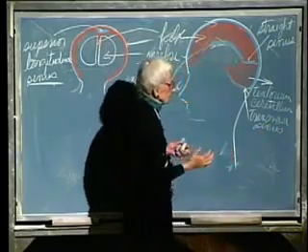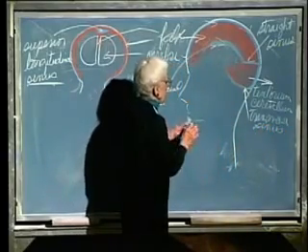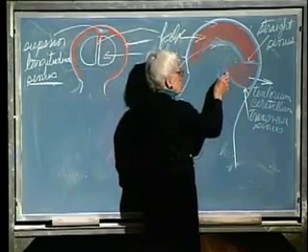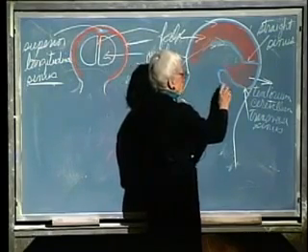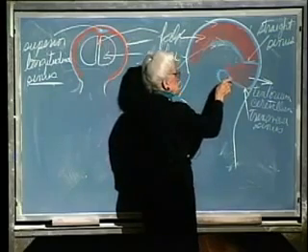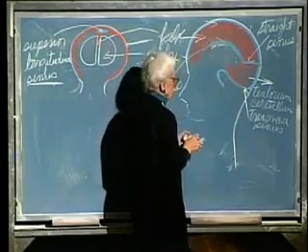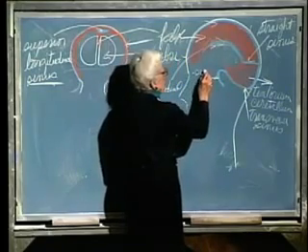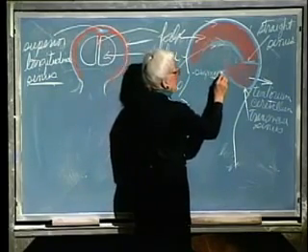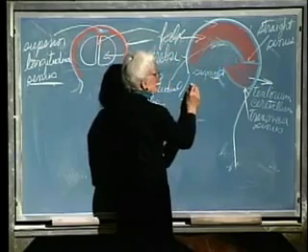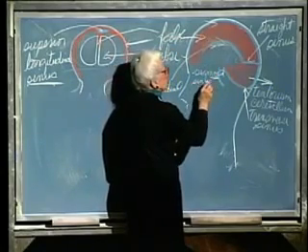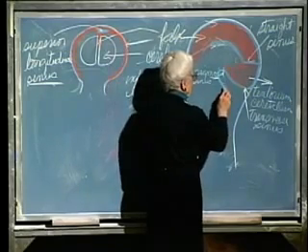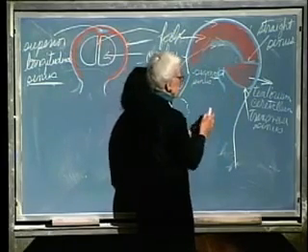You saw the picture of all the blood that was getting into the brain. And now it's going to come up here and make an S shape, sigmoid sinus, and this finally will go out through the jugular foramen.